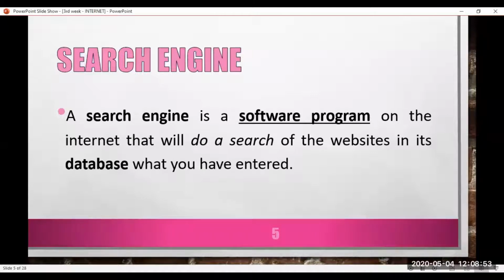A search engine makes it very easy for us to reach websites, okay? And we said it is a software program, and the important thing is that it will do a search of the websites inside its database. For example, if you search anything about the NTIC on Google, Google is a search engine. We will mention it in the other slides.